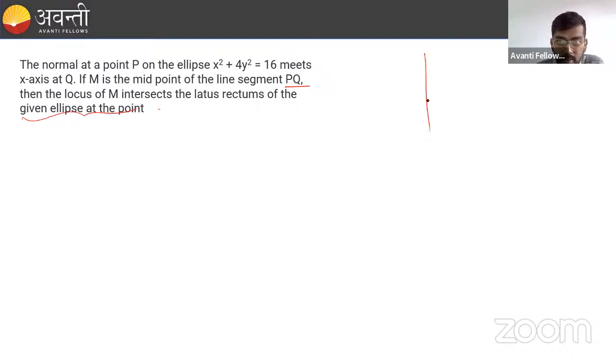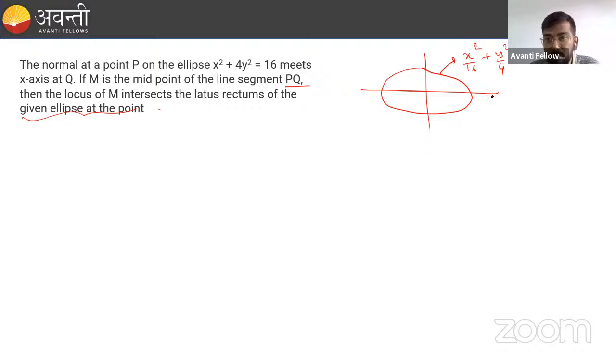So it is given as something like this. This is the equation of the ellipse, x square by 16 plus y square by 4 equals 1.